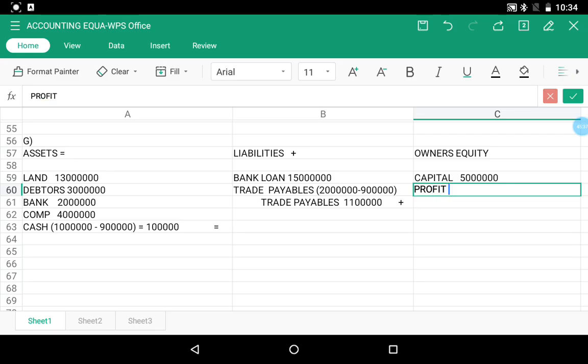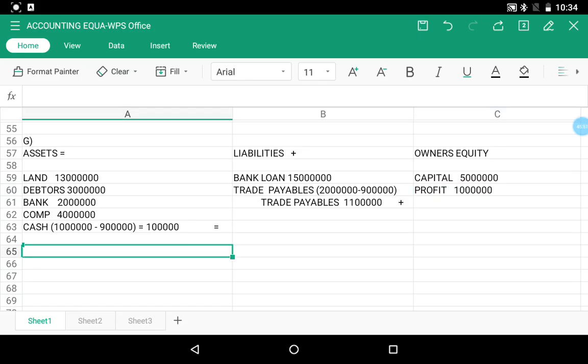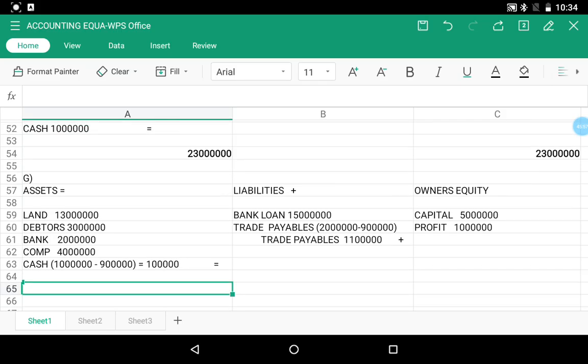Here we are counting it as a profit because we know anytime we are going to receive that amount of money, which is 1 million. So we don't have any other owner's equity.